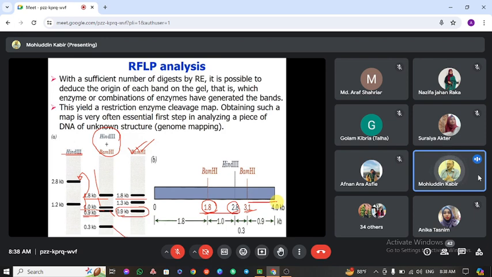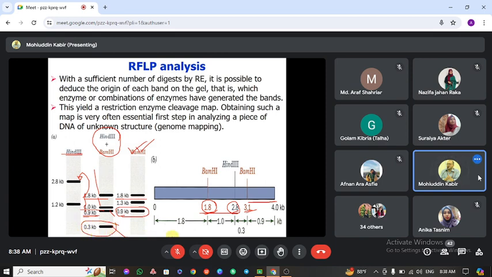That assures that the second BamHI site is located after the HindIII site, because the fourth band is 0.3 kb.